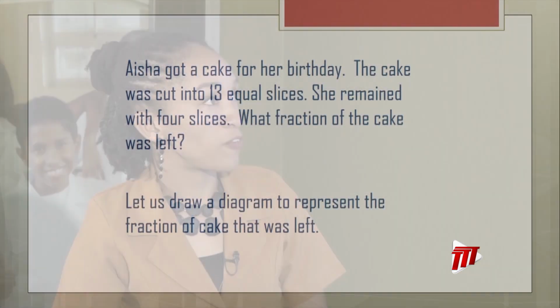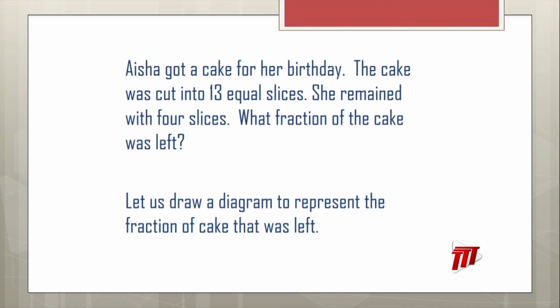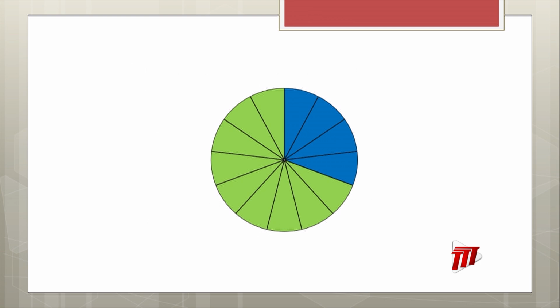Aisha got a cake for her birthday. The cake was cut into 13 equal slices. She remained with 4 slices. What fraction of the cake was left? So this is the cake. This is the birthday cake. Let's count to find the denominator. 1, 2, 3, 4, 5, 6, 7, 8, 9, 10, 11, 12, and 13.